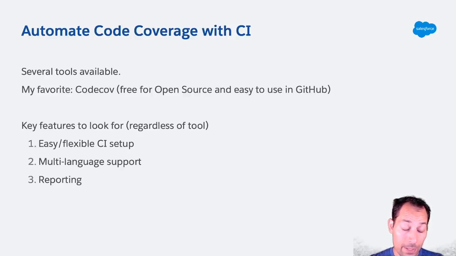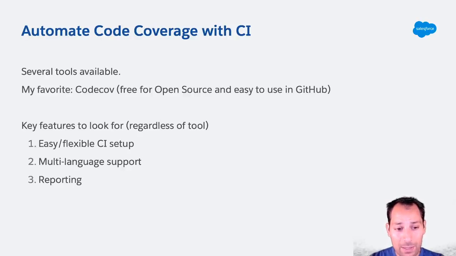In particular, for Salesforce projects, we have a specific requirement that we need to have multi-language support. So basically, your code coverage system needs to be able to handle the fact that we'll be reporting code coverage for Apex, but also for Lightning Web Components. So that's something that is not necessarily integrated in all tools.